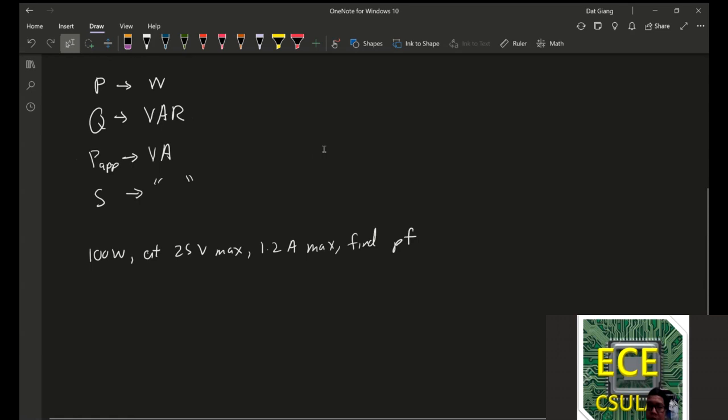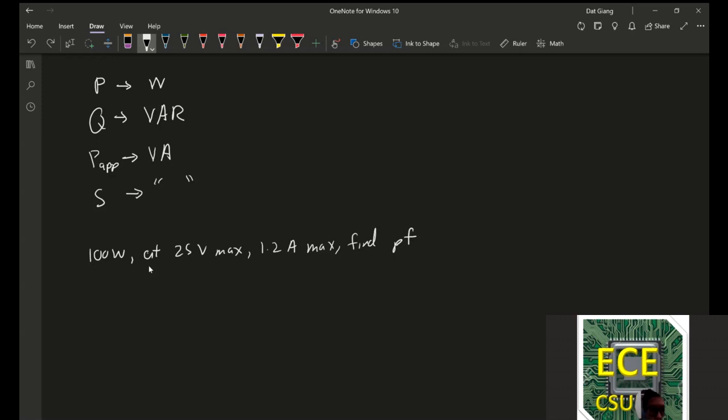But one thing to keep in mind when problem solving for different kinds of power is to look at the units. Units are very important. If this didn't say watts and I just told you 100 power is delivered, you would never be able to tell what I'm talking about: 100 watts, 100 VAR, 100 volt-amp, 100 nothing.